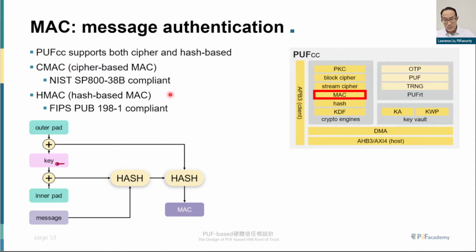And for hash-based MAC, such as the one shown for example here, we are FIPS Publication 198-1 compliant. This diagram is simplified, showing the flow of generating a hash-based MAC, which takes the message along with two pads and the key and runs it through a hash engine twice to generate the message authentication code.